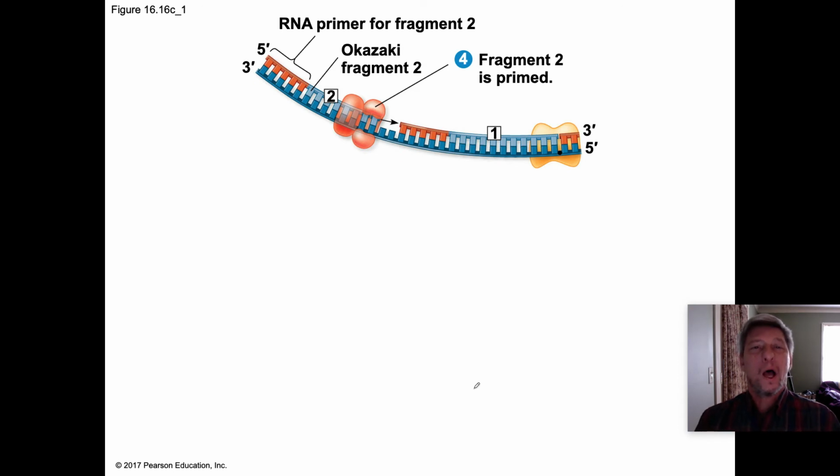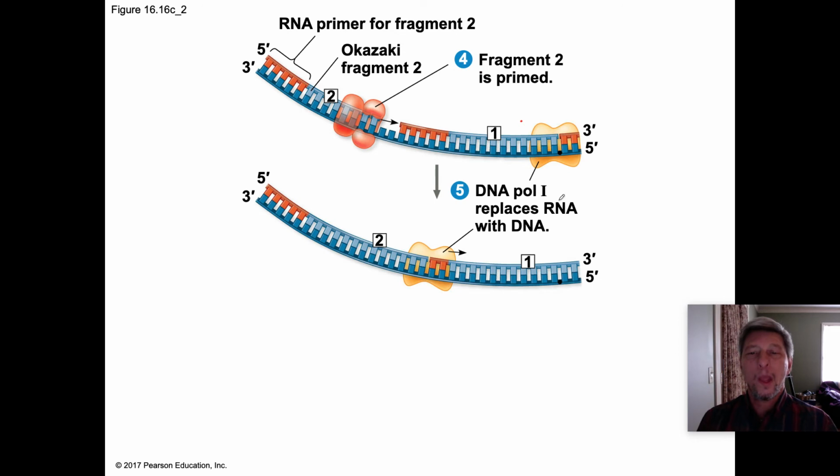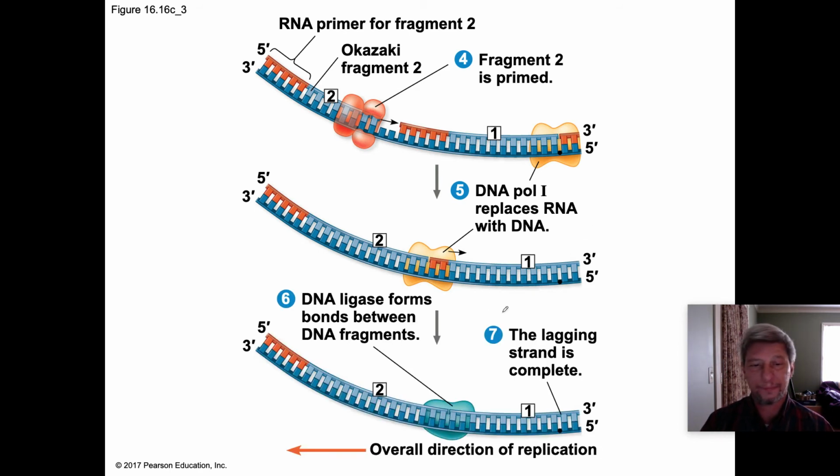So here's the next stage in this, and you can see the DNA polymerase has come back and now is working at this point. The first one is already finished, but now another DNA polymerase is coming along, and what it's going to do is take these RNA nucleotides and replace them with DNA nucleotides. Notice they're gone in this picture.